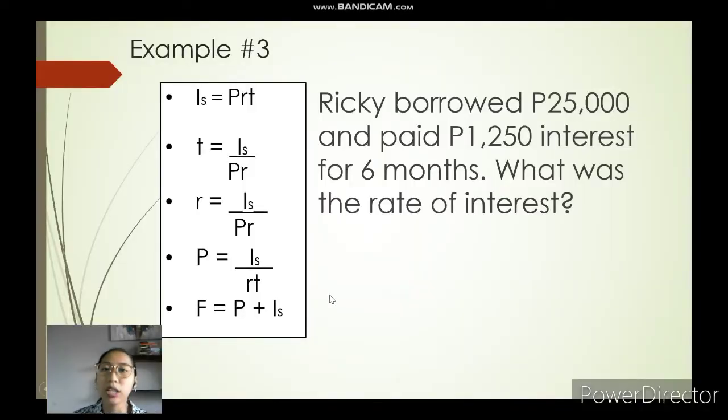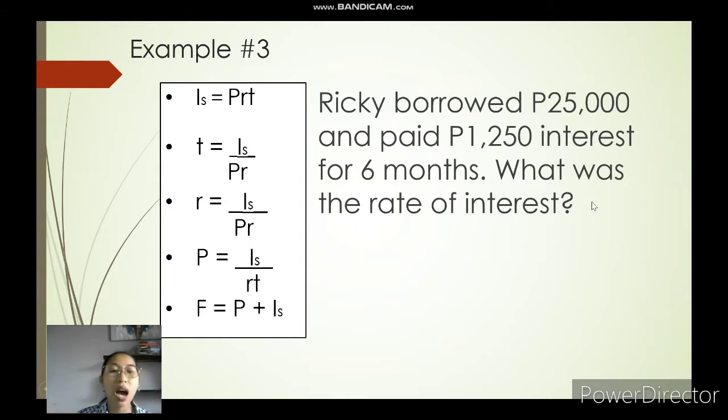We're almost done. Let's proceed with example number 3. Ricky borrowed 25,000 pesos and paid 1,250 interest for 6 months. What was the rate of interest? So, Ricky borrowed 25,000 pesos. He paid 1,250 pesos interest within 6 months.